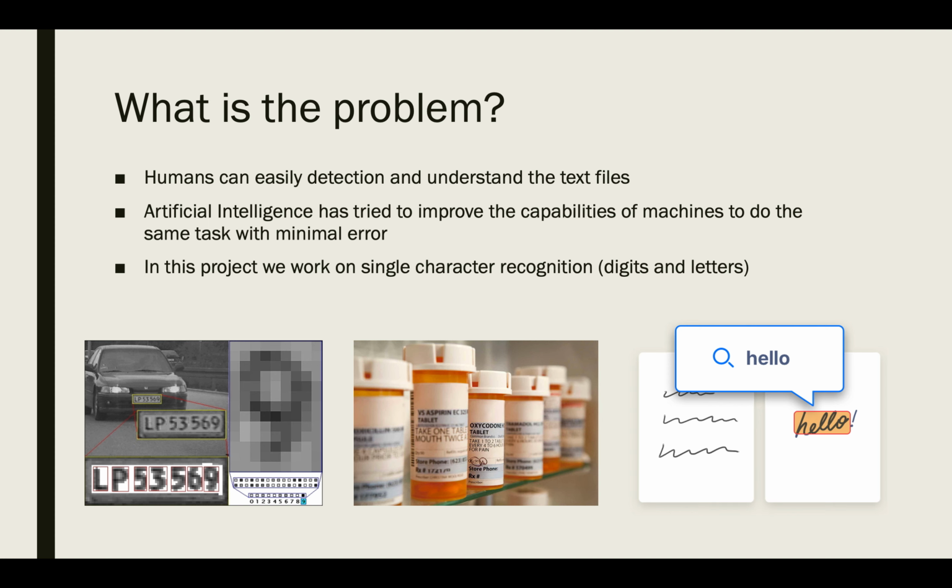For example, to detect the tags of cars, to detect the text on different boxes, and also the handwritten files from humans. But in this project, we're focusing on single character recognition, and the character can be either a digit or a lowercase or uppercase letter.